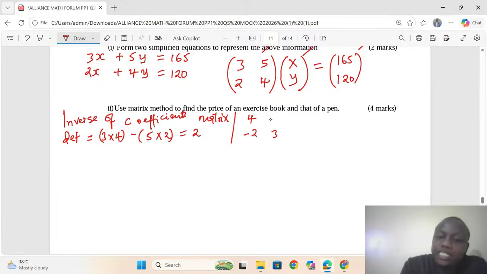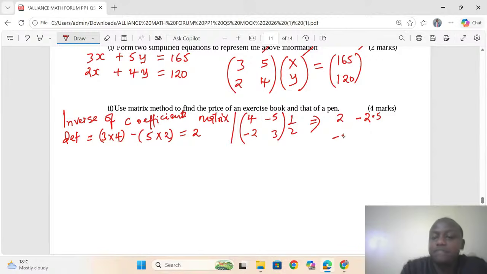This becomes -2 as this becomes -5. Then each is supposed to be divided by 2, so we multiply by half. This is now going to be 2, -2.5, -1, then 1.5. So now we have the inverse properly worked out.